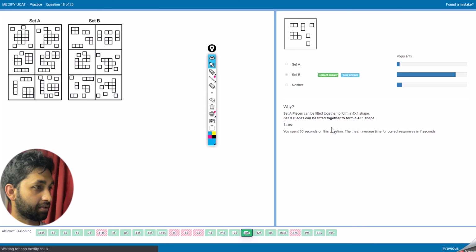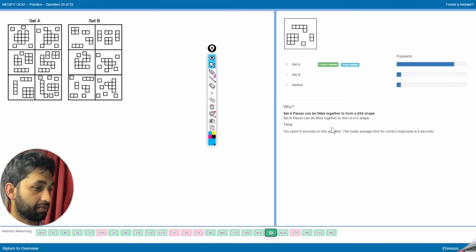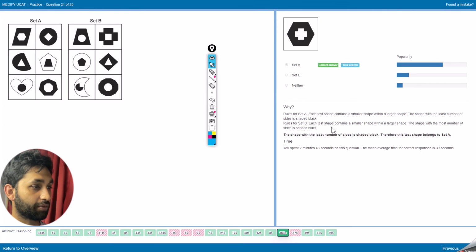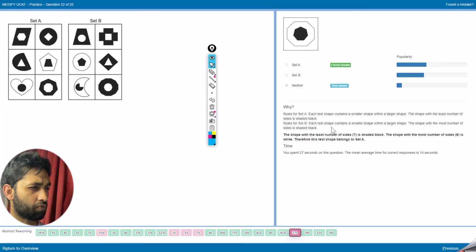Okay, yep. And then the last one, I was right about a smaller shape within a large shape and with least number of sides is shaded black. So yeah, that was right. I got that one wrong because I probably rushed it, or I was overwhelmed by counting the number of sides, which I shouldn't have been, but that's completely fine.